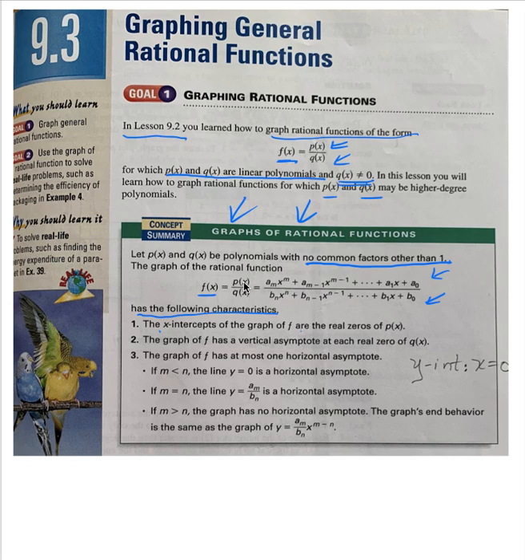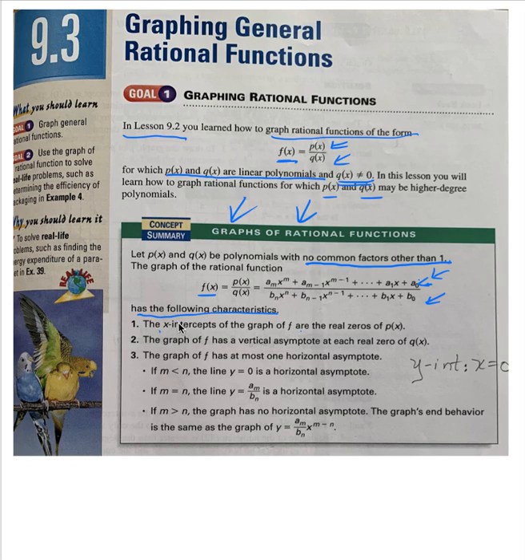Now, why is that? P of x is in the numerator. So the real zeros of this polynomial up here are what cause the function to become equal to 0. So if the numerator ends up equaling 0, what's going to happen to my overall rational function? It's going to equal 0, right?